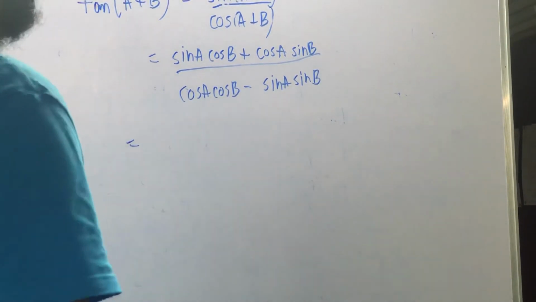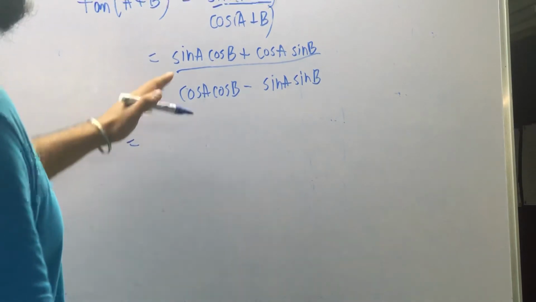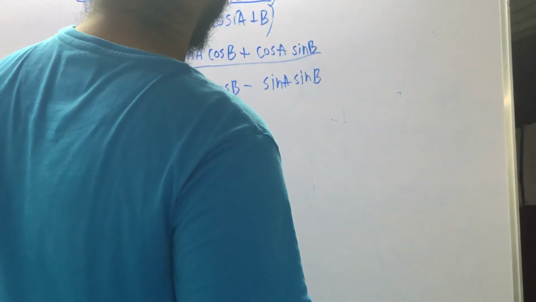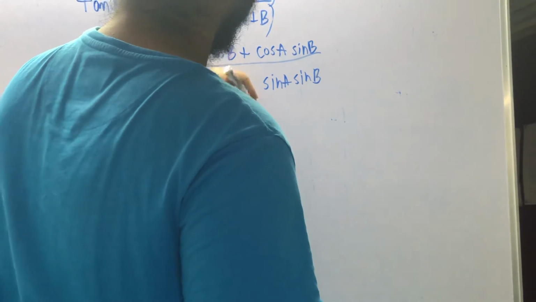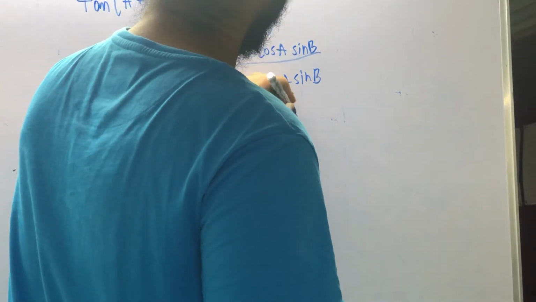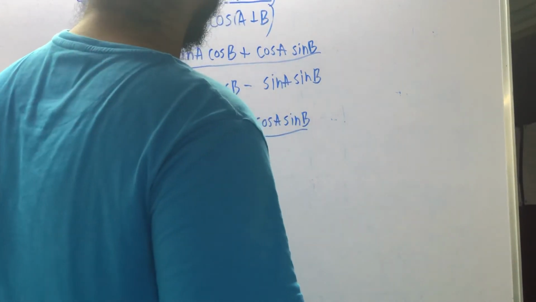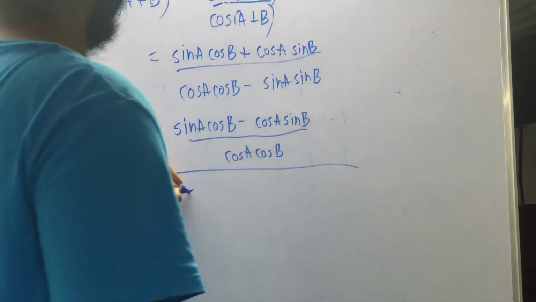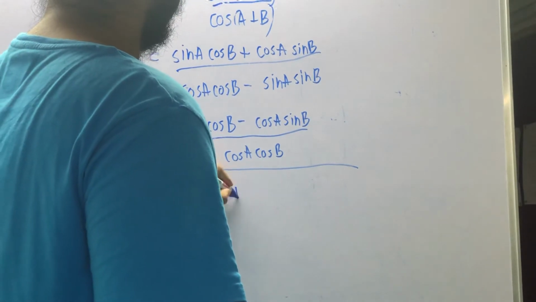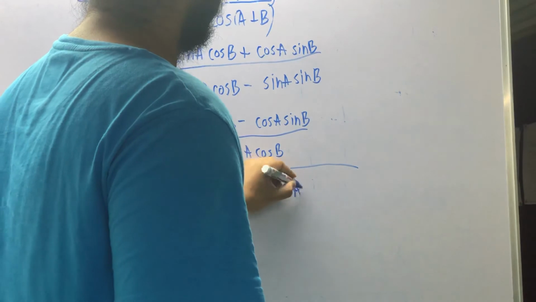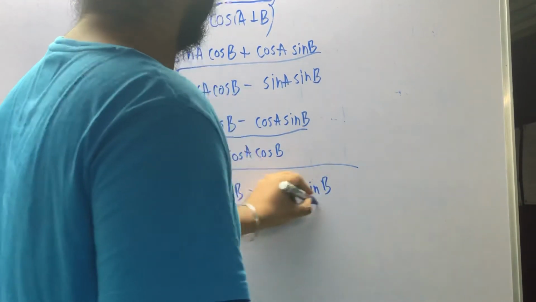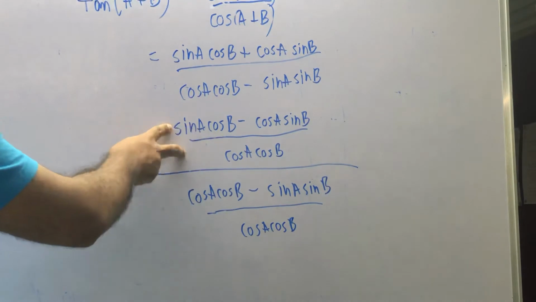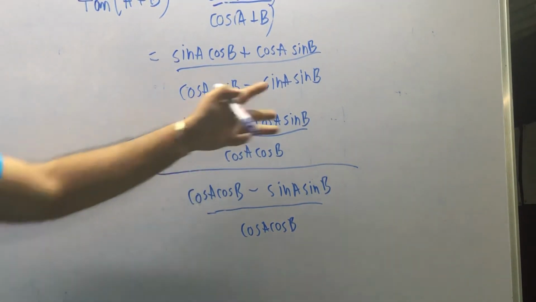What you can do, all of you, is basically divide both numerator and denominator by cos A cos B. Now just divide them individually by cos A cos B.